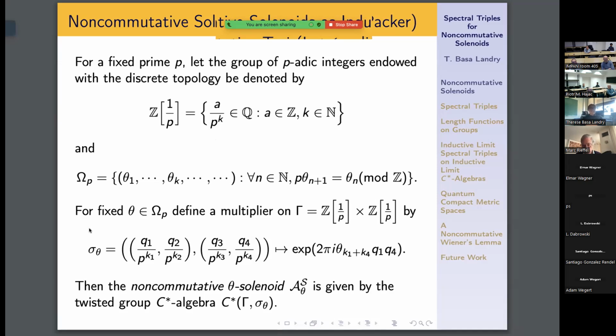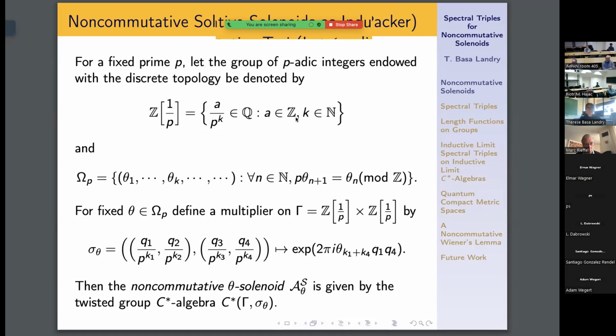So how can one view non-commutative solenoids as inductive limits of non-commutative tori? This is something that Latrémolière and Packer accomplished. To do that, fix a prime p and pick one of these sequences in Omega p.